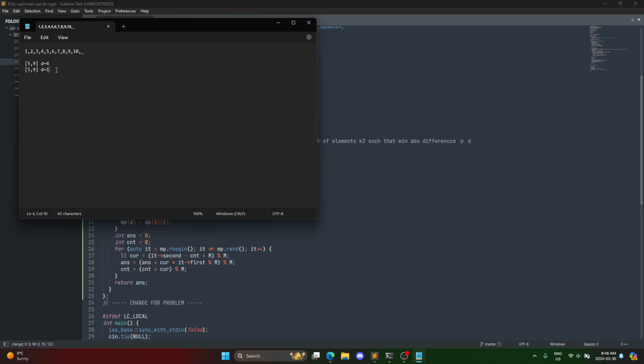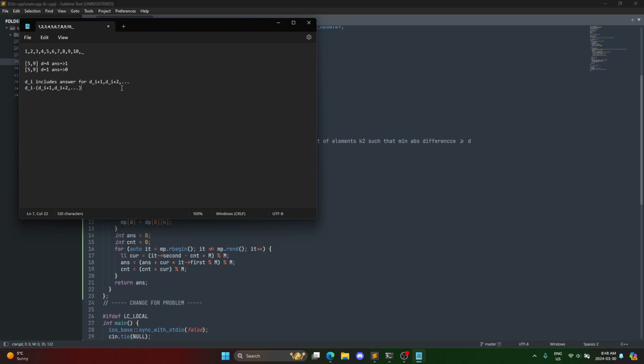So basically D of I includes the answer for D of I plus 1, D of I plus 2, and so on. So if we want to somehow say this answer should be 1 and this answer should be 0, we have to do D1 minus this whole thing. So that would get us the true answer.